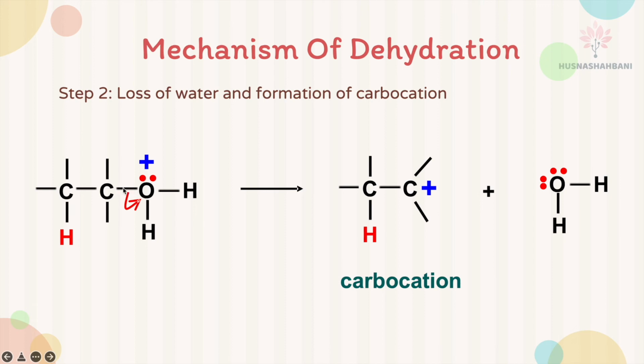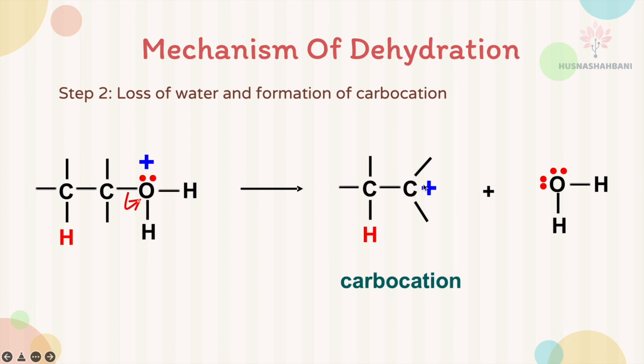Both bonding electrons are transferred to the oxygen, making the oxygen have 2 lone pairs of electrons again, and it makes a molecule of water. So this is loss of water and formation of carbocation.